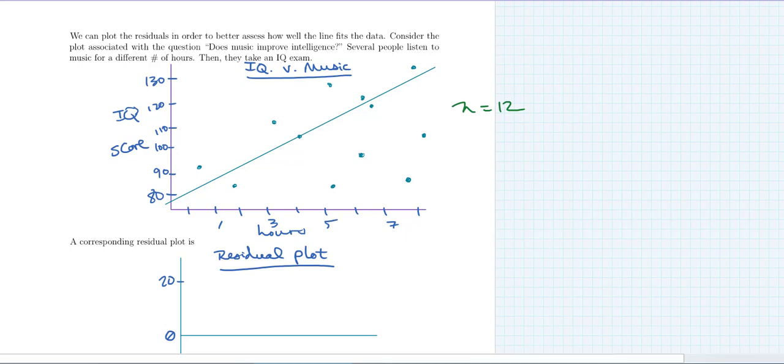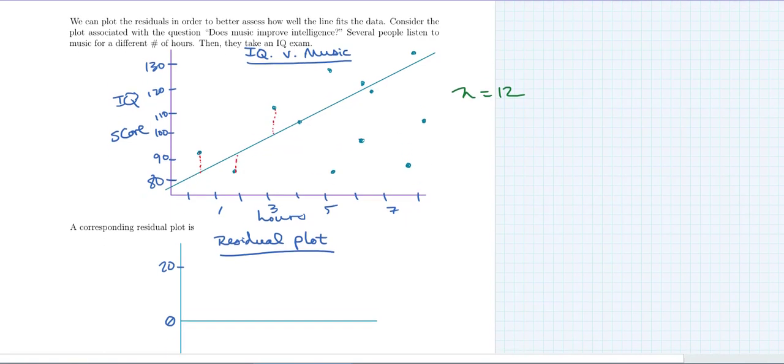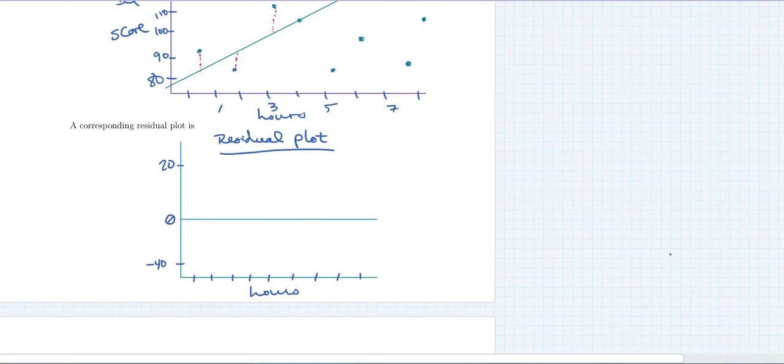Now we want to talk about a residual plot, because residuals represent this vertical distance. So how can we look at a graph of those distances? Well, the x value is going to be the same. Remember that this point has the same x value as that point.